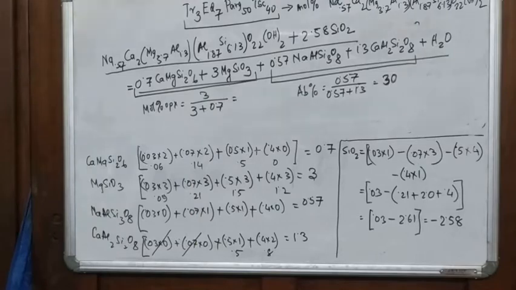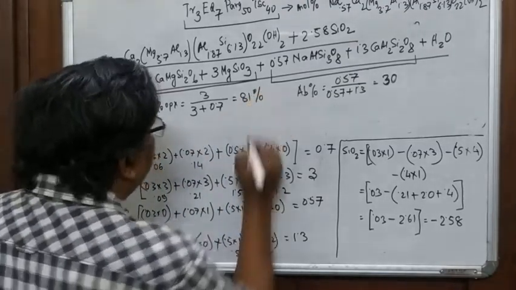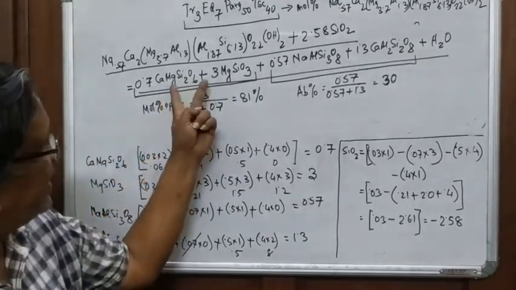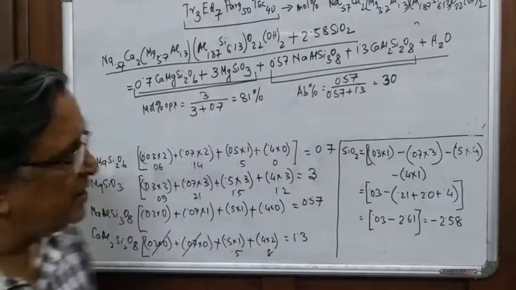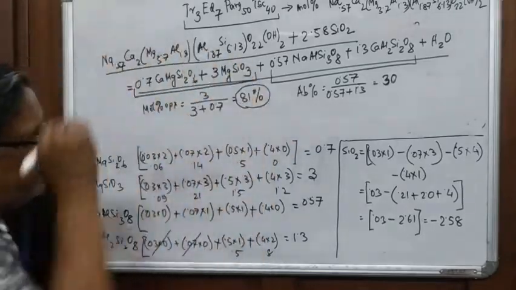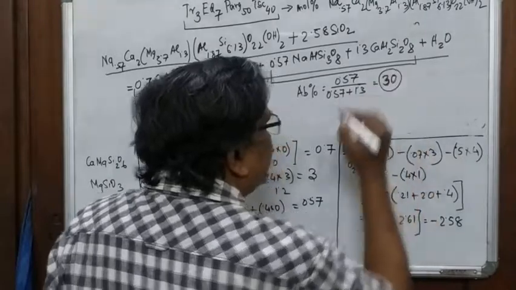Can you do that? 3 divided by 3.7 is 81%. So you produce a two-pyroxene assemblage, clinopyroxene and orthopyroxene, and you produce a plagioclase. In that, the mole percentage of orthopyroxene is 81%, and the plagioclase albite percentage is 30.